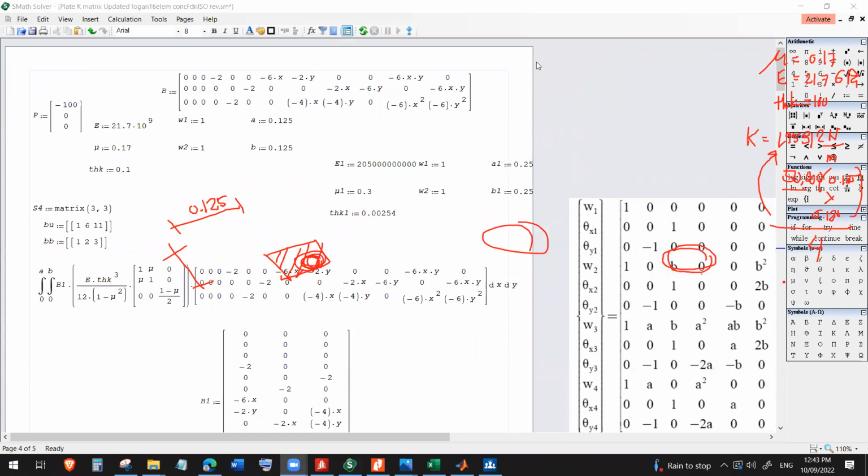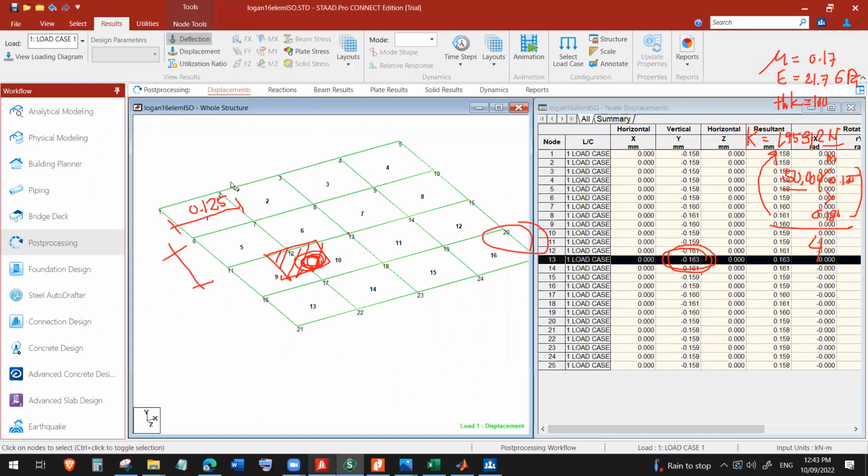Okay, so we have 21.7 gigapascal, Poisson ratio of 0.17, the thickness of 0.1, and the size of the mesh of 0.125, which is consistent with our mesh here.